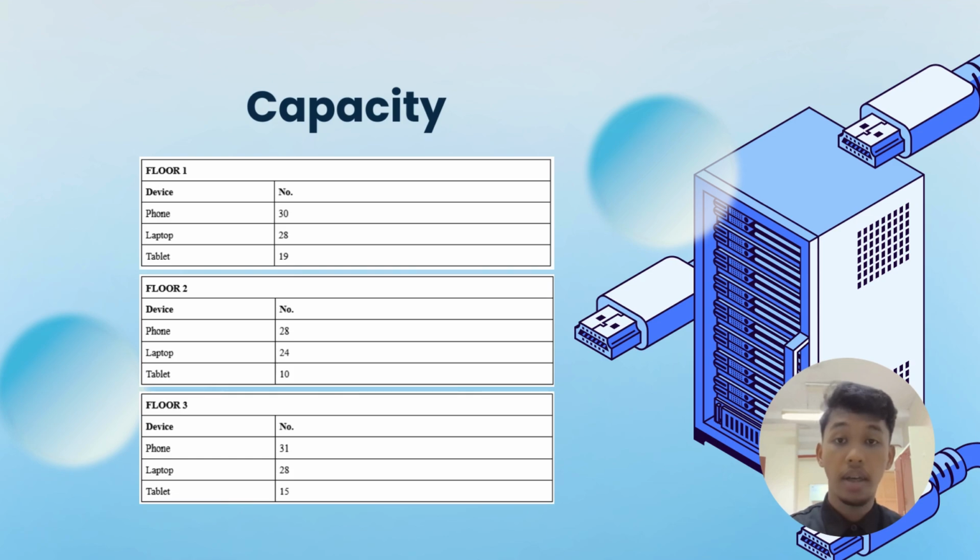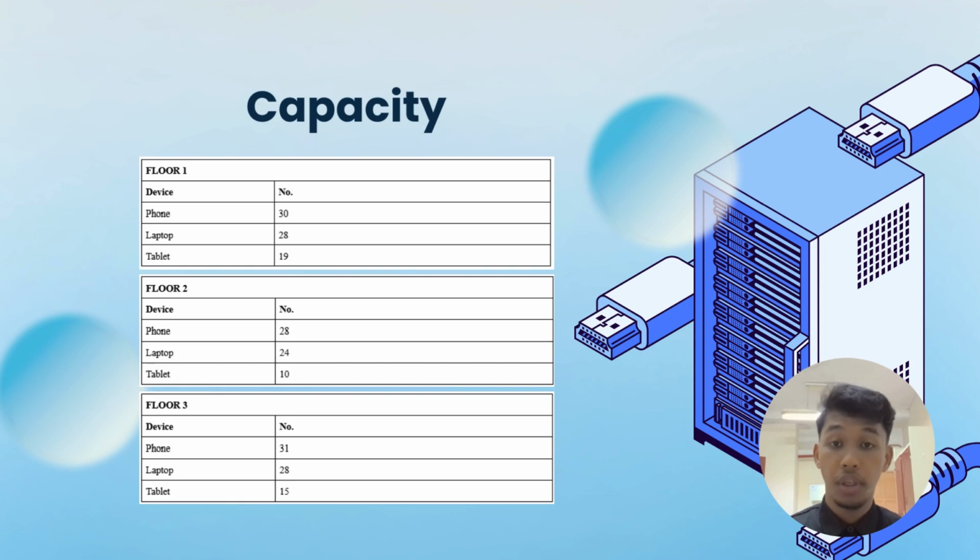Going to the next one, network capacity. We analyze the number of devices connected to the network on each floor. On floor one, we estimated about 30 smartphones, 28 laptops, and 19 tablets. On floor two, we expected 28 smartphones, 24 laptops, and 10 tablets.